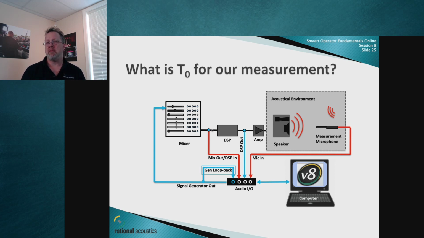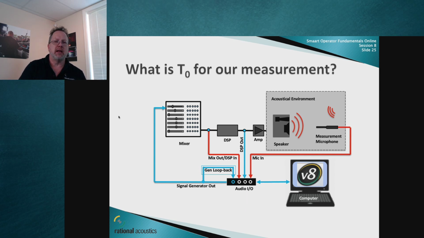One of the things happening quite a lot: I like to have the alignment DSP, the system control DSP, downstream of the mixer. So the mix is creating the art that's going through the system, and the alignment DSP is all about trying to make the system accurately reproduce that signal.